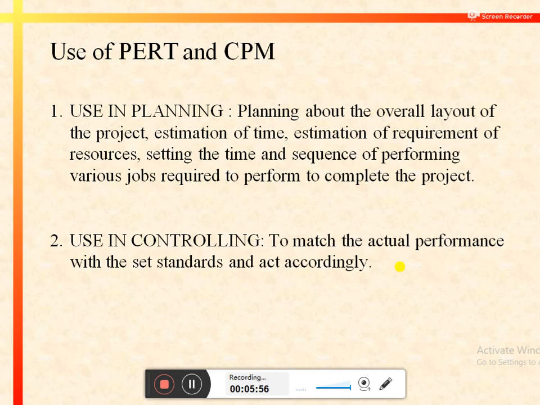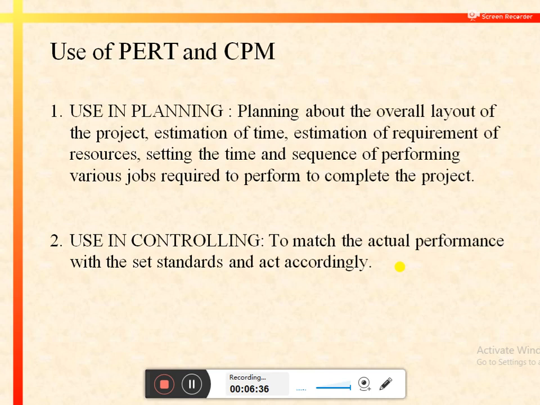To check if the goals that are predetermined by the management are achieved or not, we can use PERT and CPM techniques, to match the actual performance with the set standards, and on the basis of the results, the management can act accordingly. It is very common to find gaps between the actual performance and the set standards. To minimize that gap, and primarily the negative deviations, the management can use the PERT and CPM techniques.